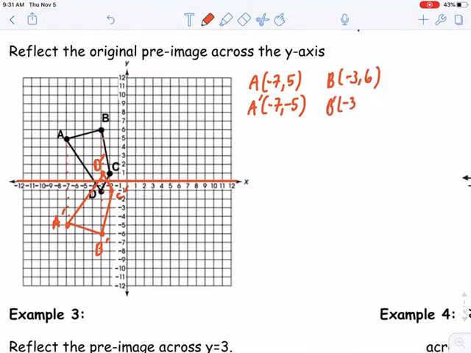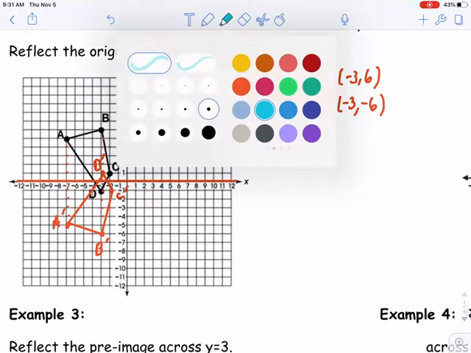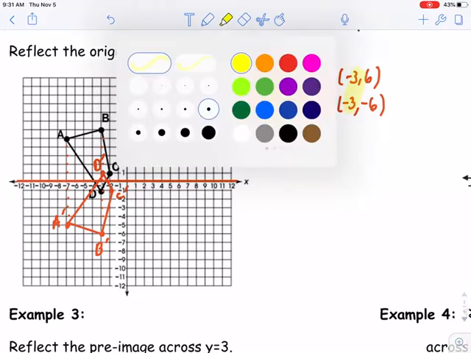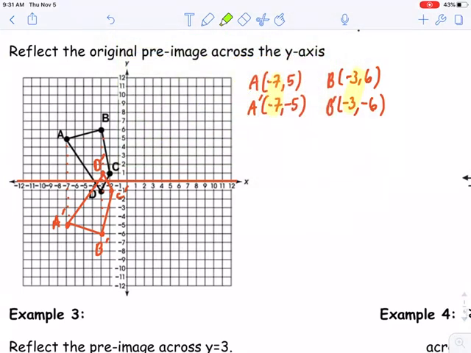So B prime was at negative 3, negative 6. So on and so forth. We're going to elaborate on this more, but notice how when we reflect over the x-axis, the x's stayed the same. And then the y values changed sign. So that's going to kind of be a punchline.